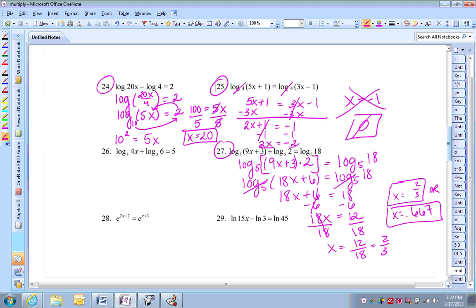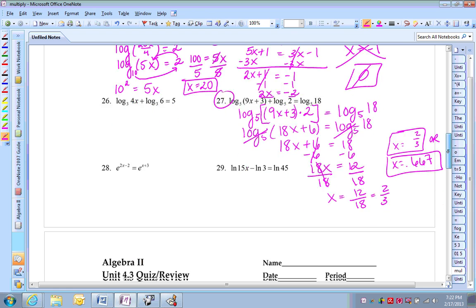Take advantage of those in your groups that got these problems right that you missed. Okay, let's move on to the word problems that we did on the back.